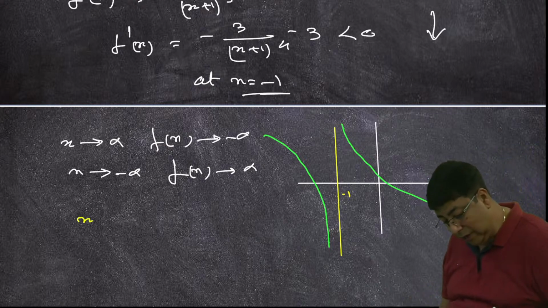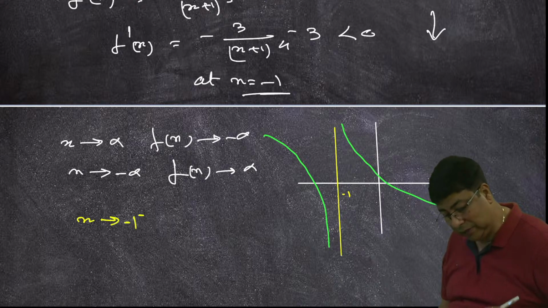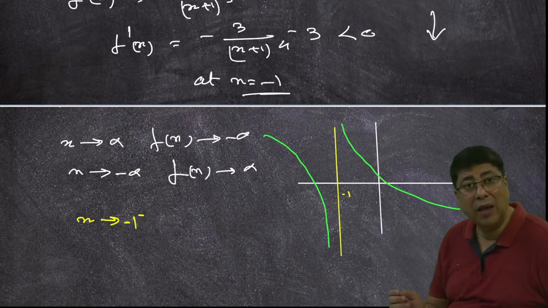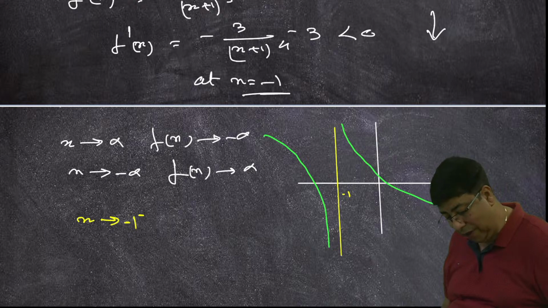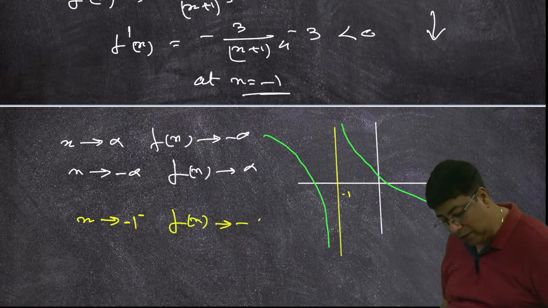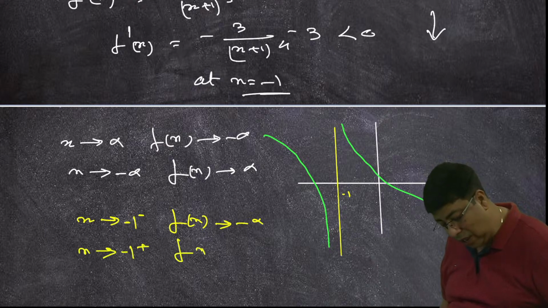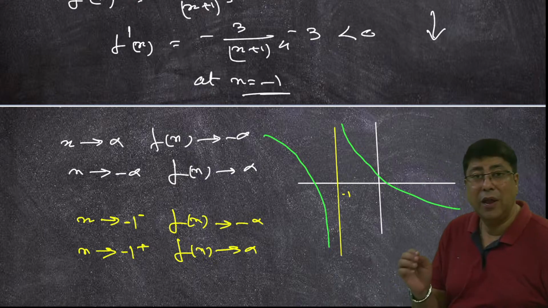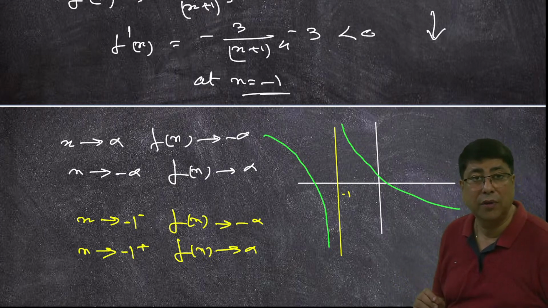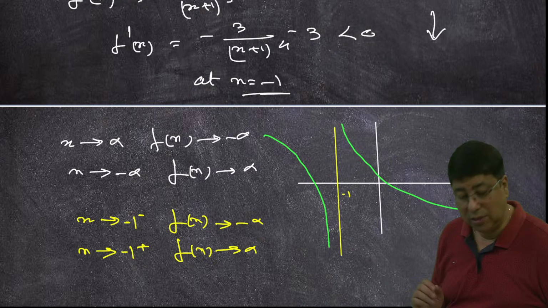When x tends to minus 1 minus, f(x) tends to minus infinity, and x tends to minus 1 plus, f(x) tends to infinity. So everybody, ऐसे करके तुम लोग को प्रैक्टिस करना चाहिए घर में. Okay, you have to practice like this.